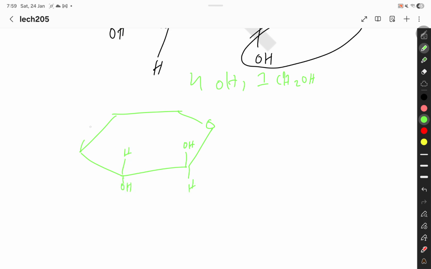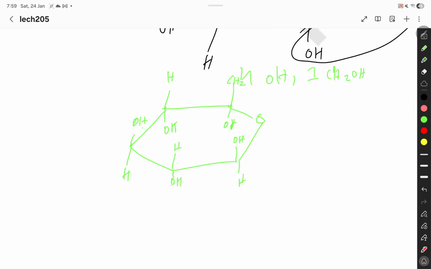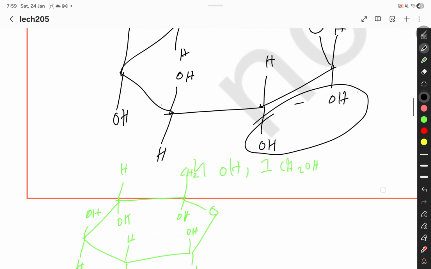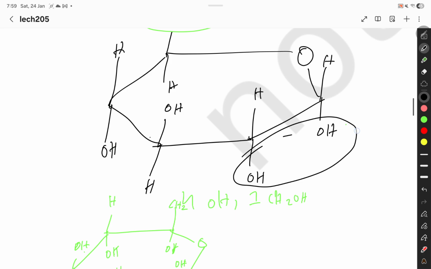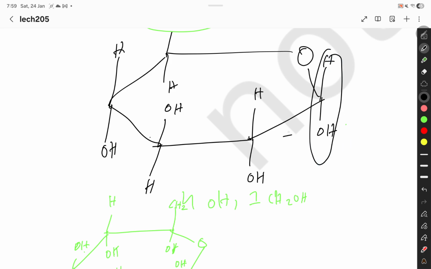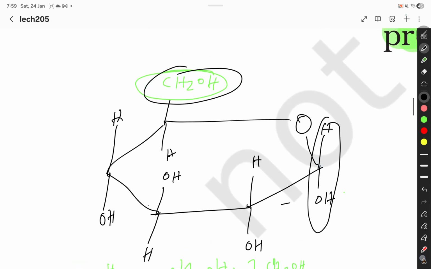OH, H, OH, H, and then we have another one, which is your OH, H, and then CH2OH. So it is opposite of this without the double. So this one you switch, then you keep alternating until you get CH2OH.